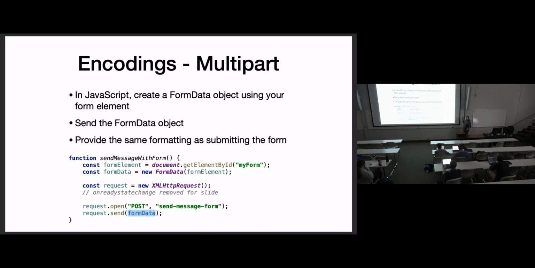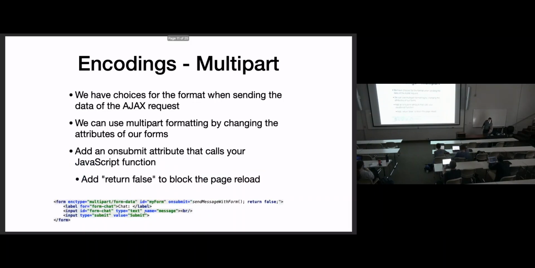And the browser will know what to do with that. You're going to get a request with your regular multi-part encoding, with your boundaries, the right content type. All that stuff is going to be able to be parsed exactly the way you would if you just sent it with the form like this.